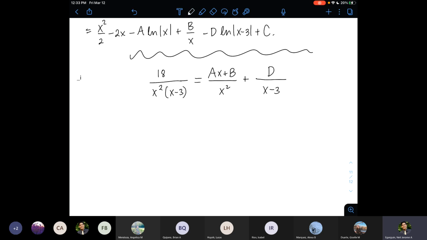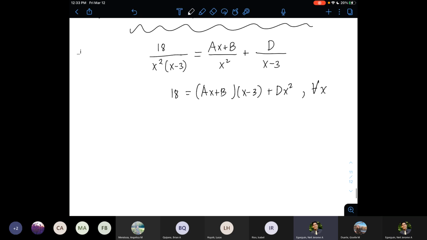Okay, and then let's do the cross multiplication. So I'll have 18 equals ax plus b times x minus 3 plus dx squared, and this should be true for all x. Now, being true for all x, I have the liberty to choose what x's I want. For instance, I want x to be equal to 0.